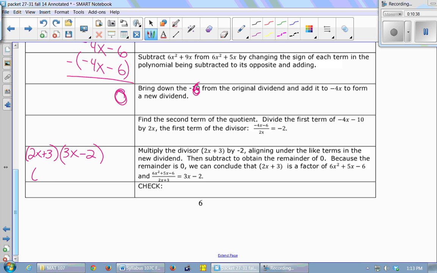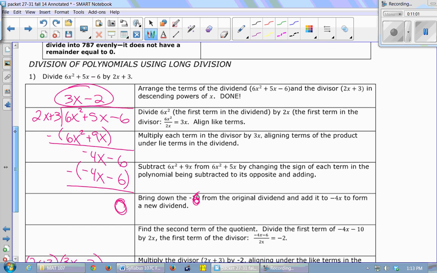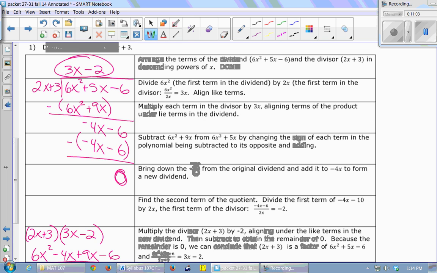I FOIL and I get 6x squared minus 4x plus 9x minus 6, which is 6x squared plus 5x minus 6. And that was the dividend that I started with. So this is kind of a way of factoring if you already know a factor, right? If you already know one of the factors, you can figure out the other one by division.